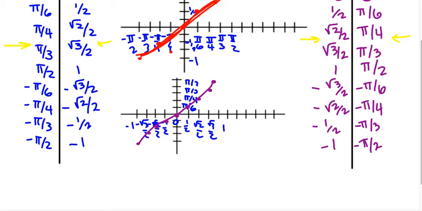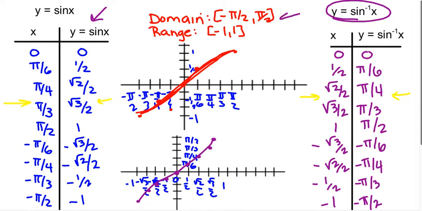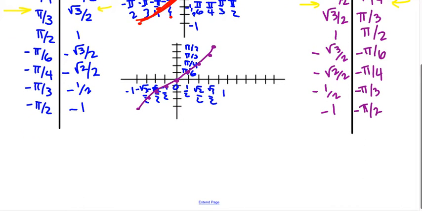The domain of this inverse function is the opposite of this domain and range. So the domain, the x values for this sine inverse function, is from negative 1 to 1.